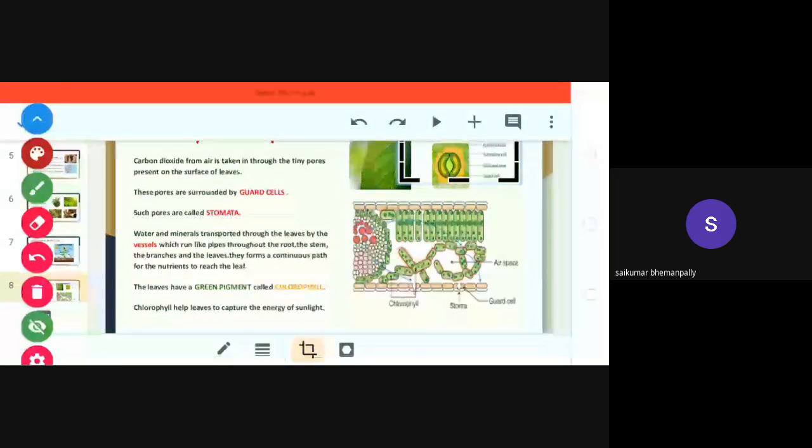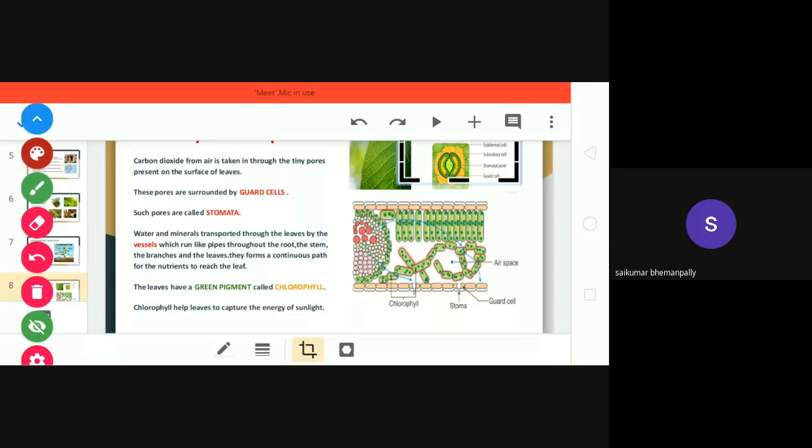What is the use of chlorophyll? Chlorophyll helps the leaf capture the energy of sunlight. What is the main duty of chlorophyll? It absorbs the sunlight from the sun.